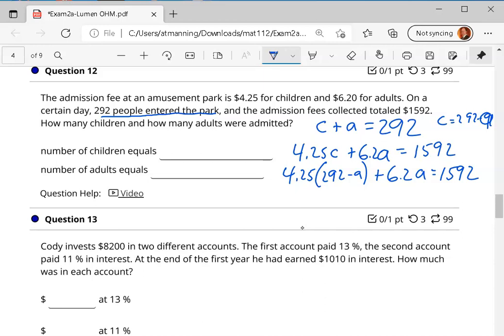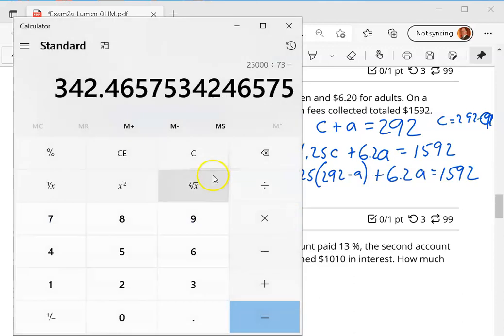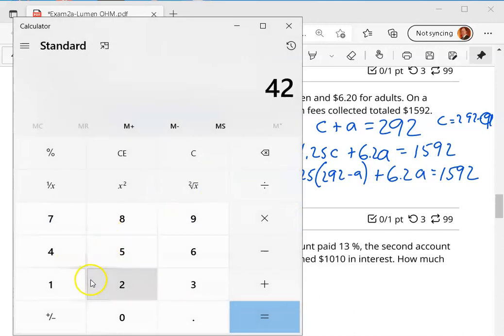Let's go ahead and use our calculator to help us out. 4.25 times 292 equals 1241.